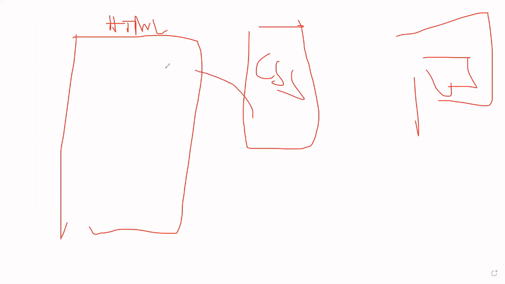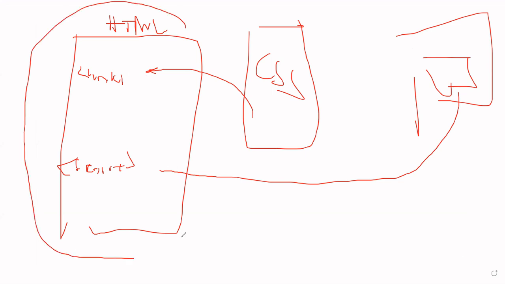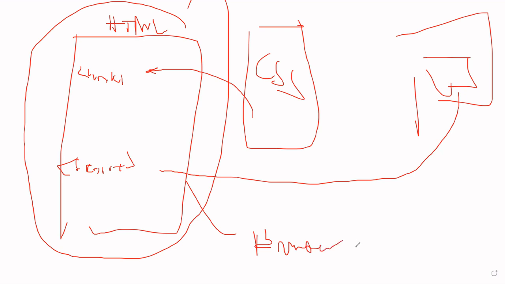So we integrate CSS into our HTML using the link tag, and we integrate JavaScript using the script tag. So this is now run on the browser, like what we had here.